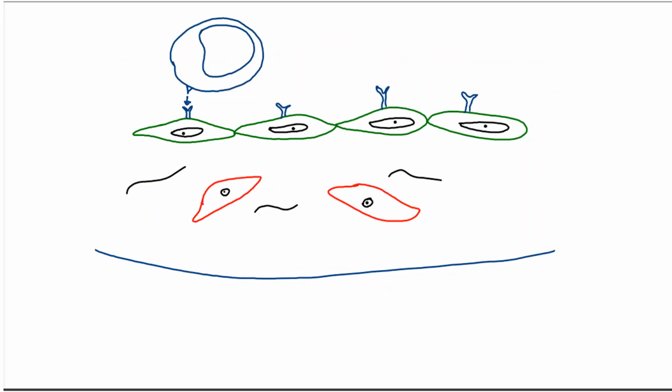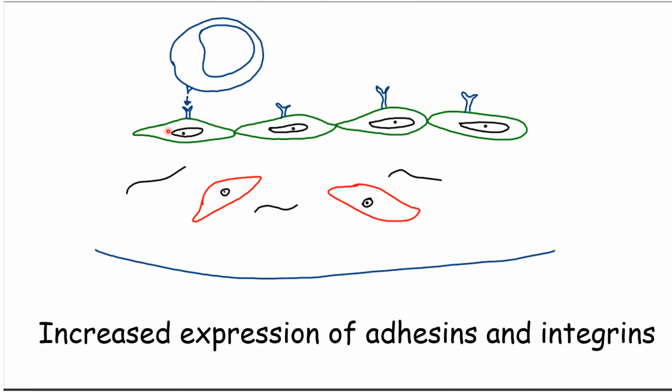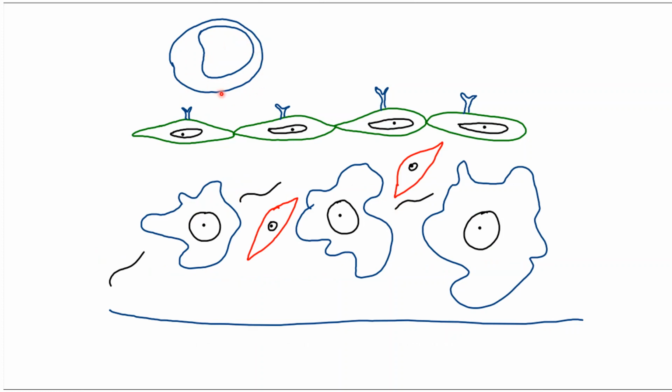One of the dimensions of endothelial dysfunction is increased expression of molecules known as adhesins and integrins. These molecules increase the binding and adherence of the circulating monocytes to the endothelium. Once bound to the endothelium, the monocytes find their way into the subendothelial space by a process known as diapedesis, and once here, they form the macrophages.